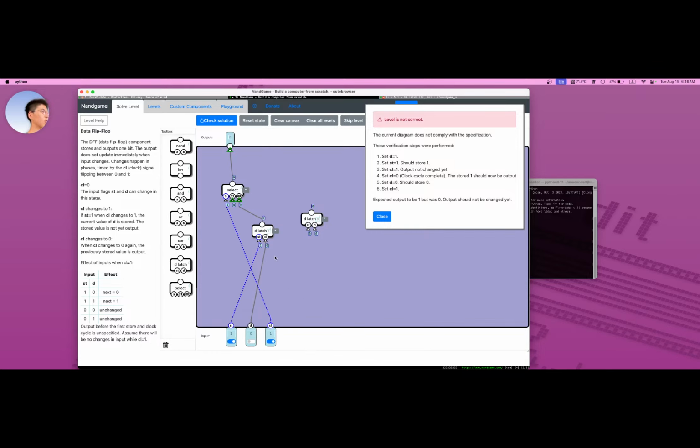So what is the problem here? The problem here is that when the clock is 0, we should output not the current value, but the previous value. Interesting.